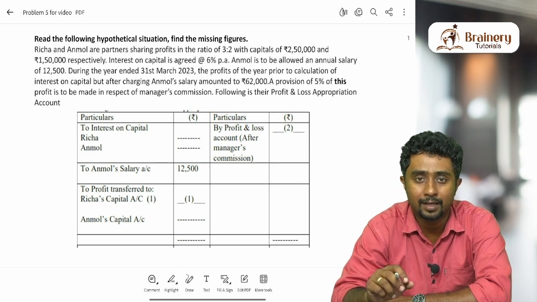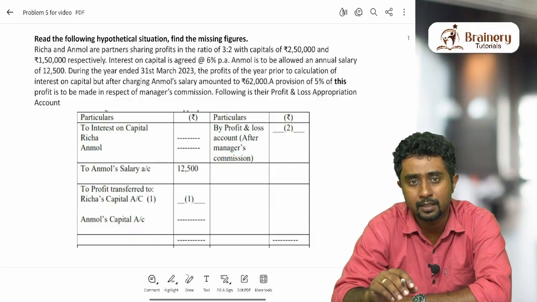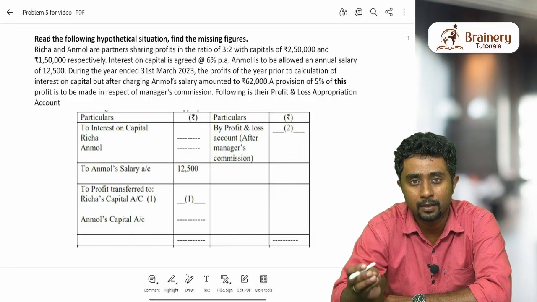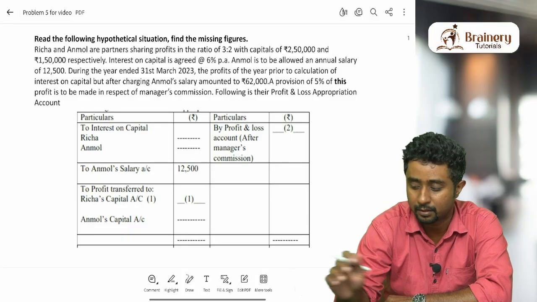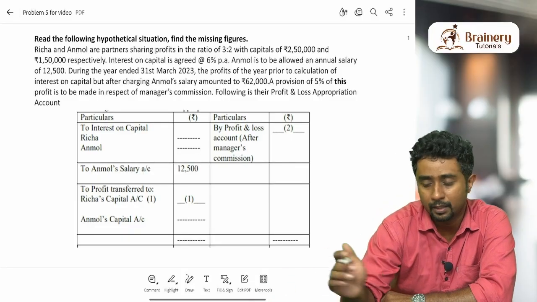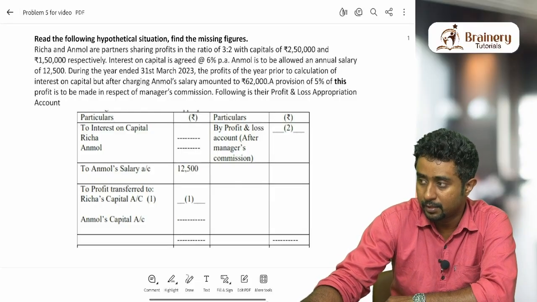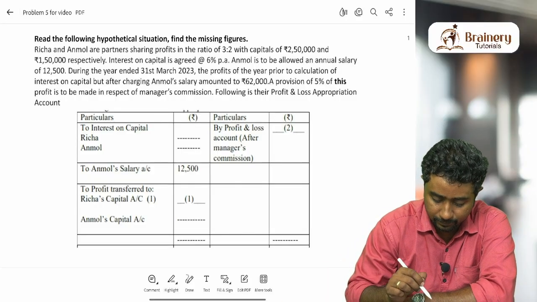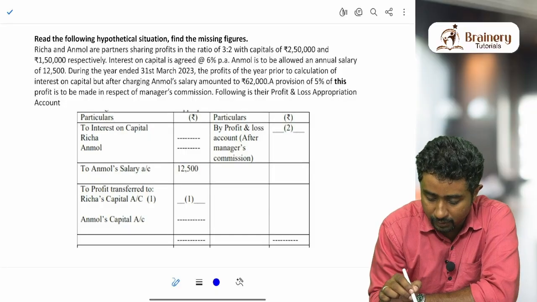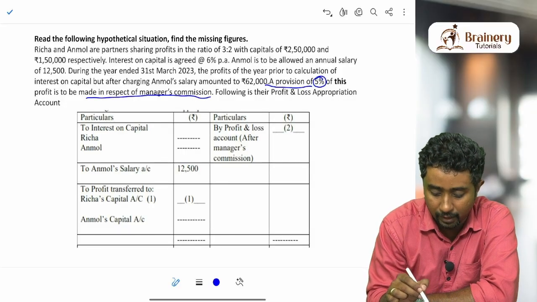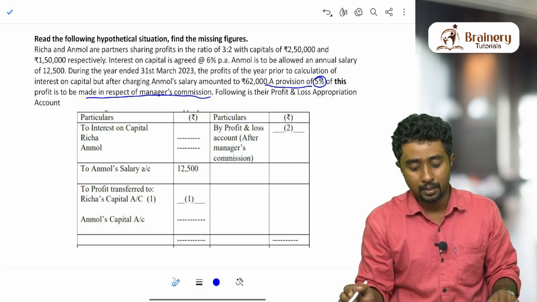There are two methods to calculate manager's commission: on net profit before charging such commission, and on net profit after charging such commission. So basically it is calculated on net profit only. Here in this question a manager's commission is coming: as you can see, a provision of 5% is made in respect of manager's commission. That is why we are discussing this part.